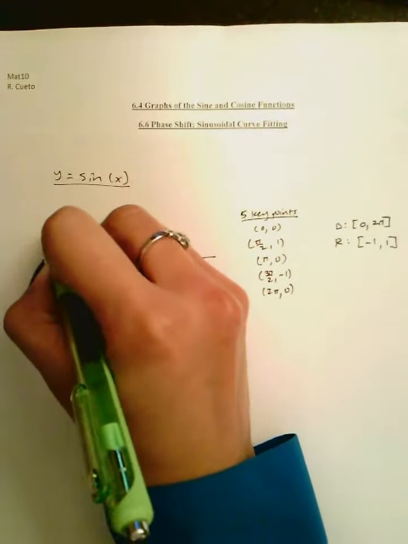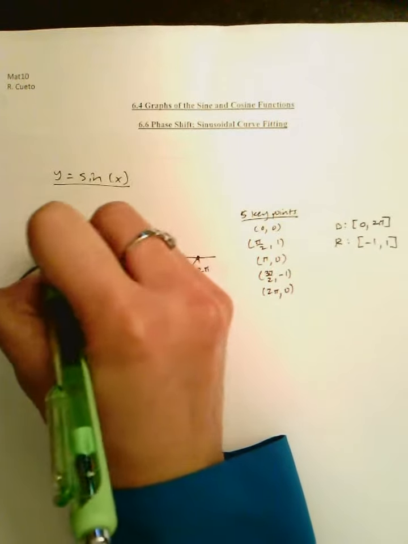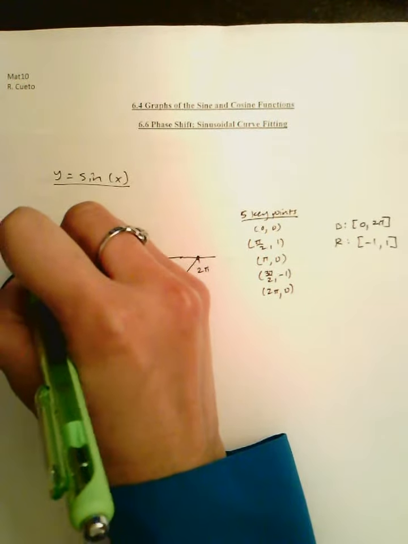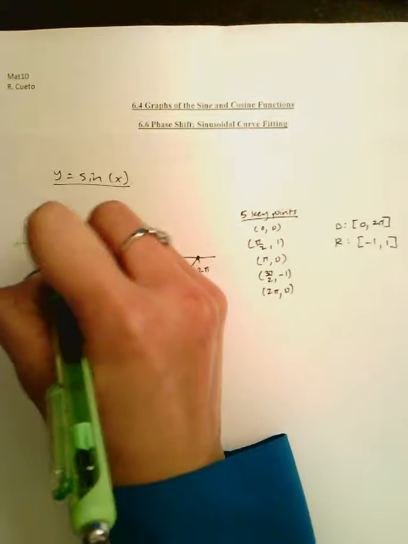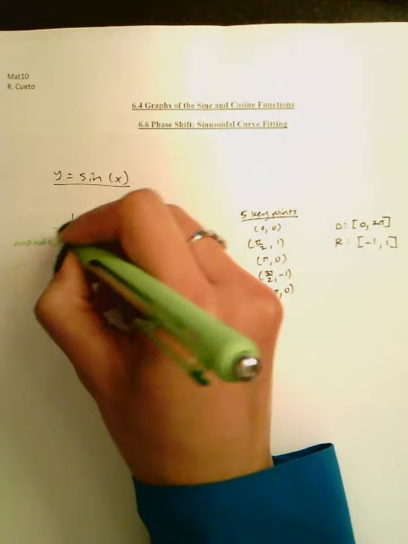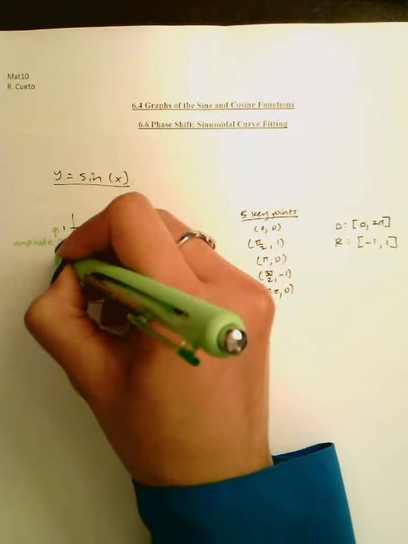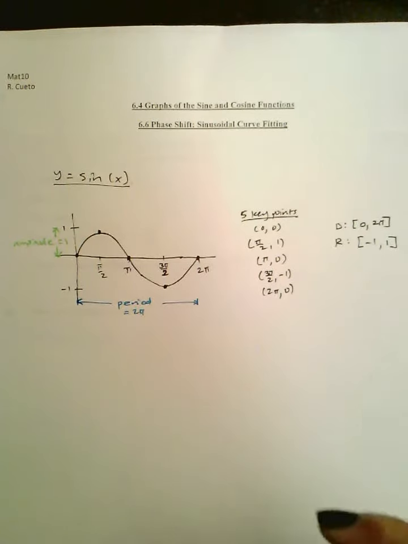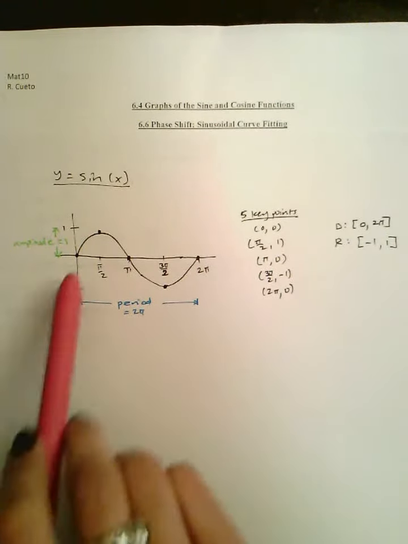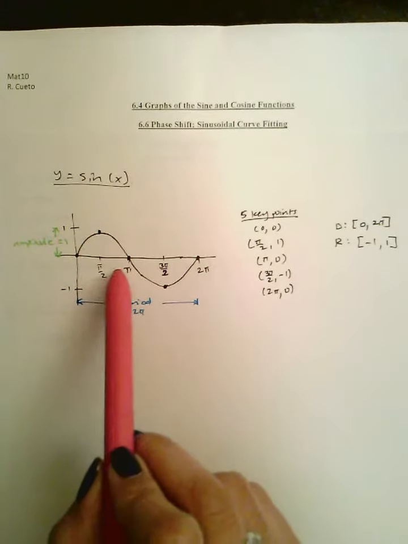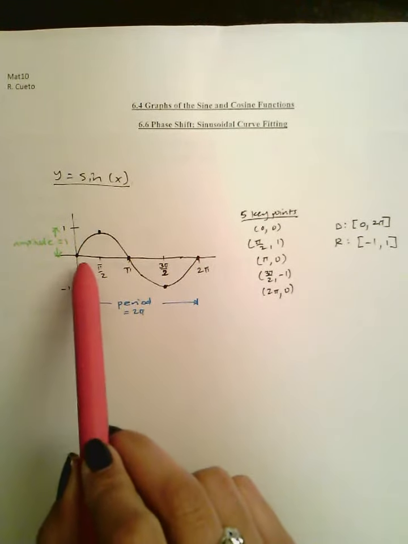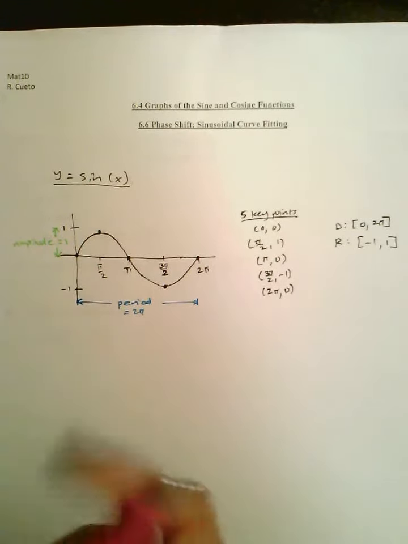So that's equal to my amplitude. What we're using again is the center all the way to the top, or from the center all the way to the bottom. The distance from the center to the bottom is also equal to the amplitude, which is equal to 1.